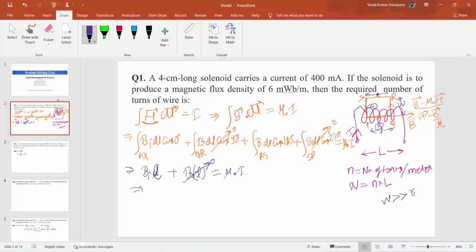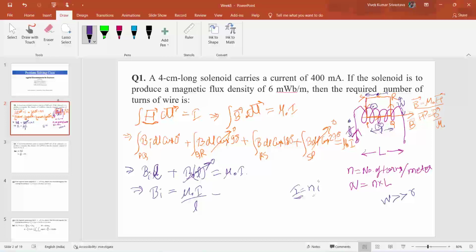So B l is defined as mu naught I dot l. One thing we have to see here is that the total current we have taken inside this Amperian loop is capital I. Here the small i is the current in the solenoid, and the total current flowing inside this Amperian path is capital I. The relationship between capital I and small i is n times i, where n is the turn density.